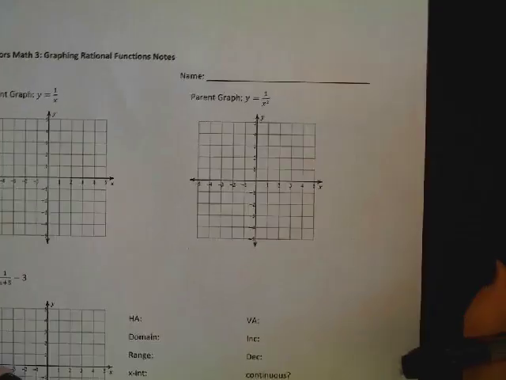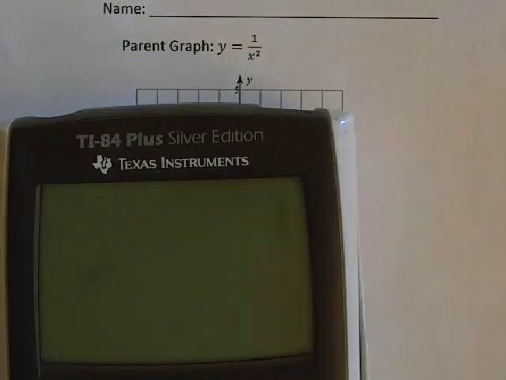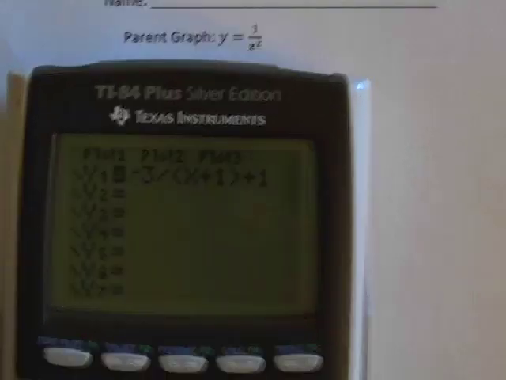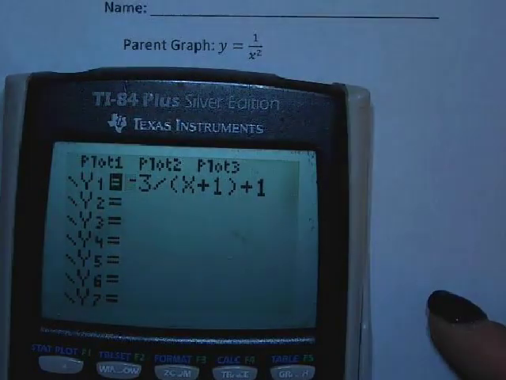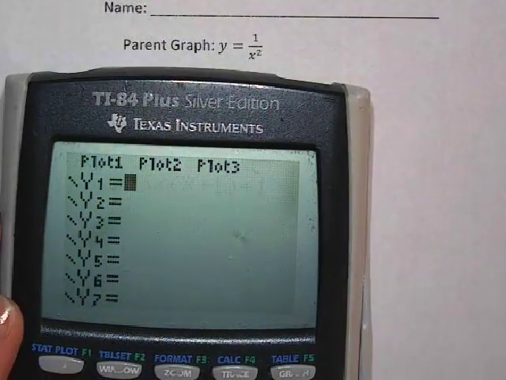Okay, so first thing, we're going to go ahead and, on your calculator, graph 1 over x squared.